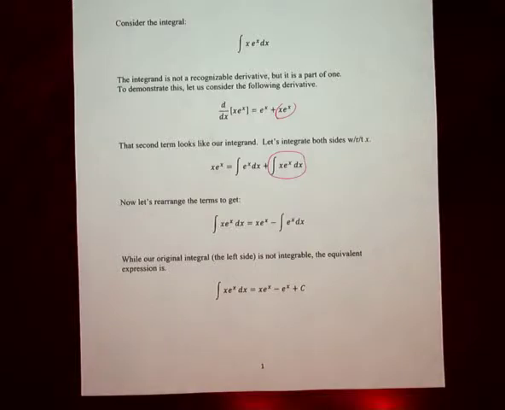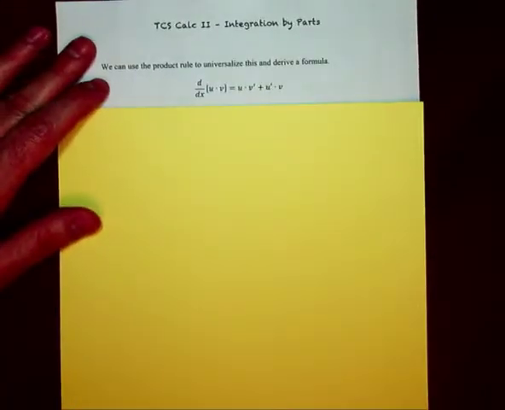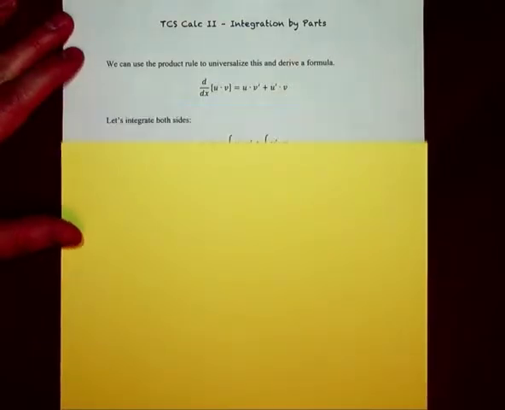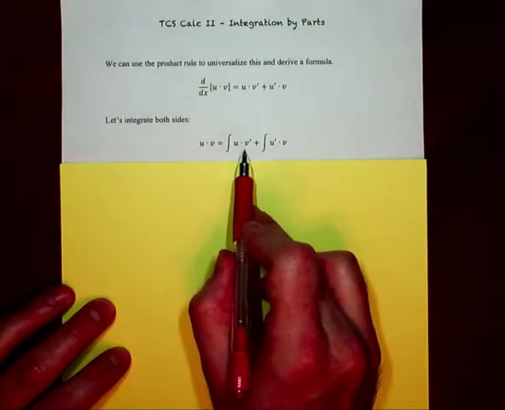Now, that is a specific example. But we can use the product rule to basically universalize this, and that's what we're going to do. Now, if I'm given u and v, and I need to differentiate that product, I'm going to differentiate u v prime plus u prime v. Okay, well, let's go ahead and integrate both sides, and that leaves me with the product is equal to the sum of these two integrals.